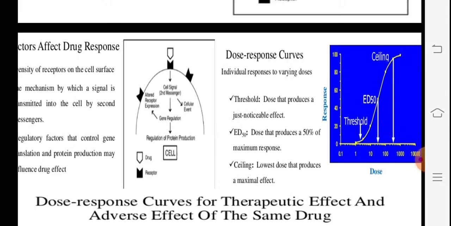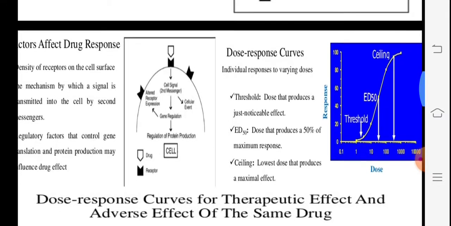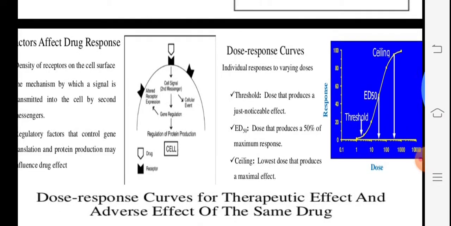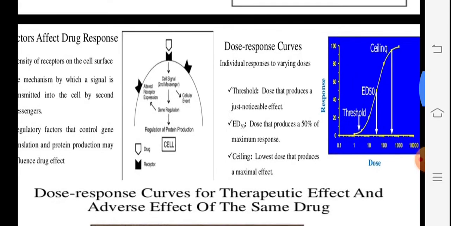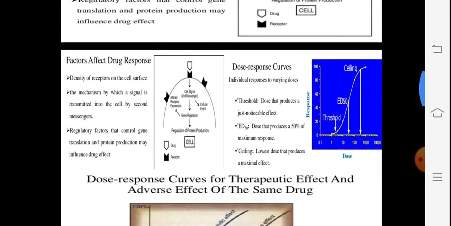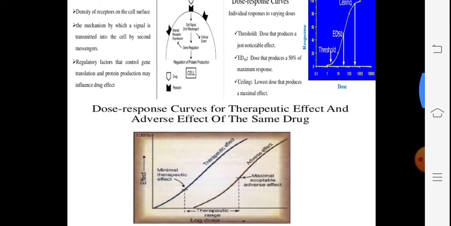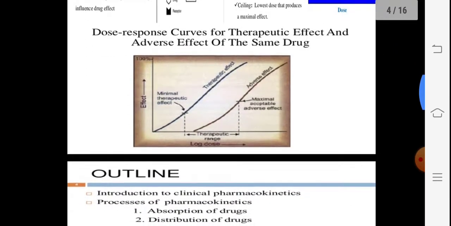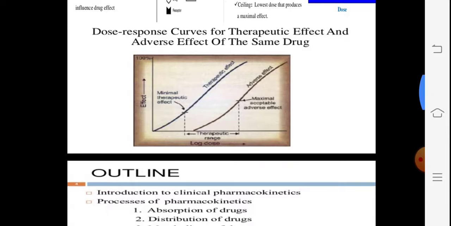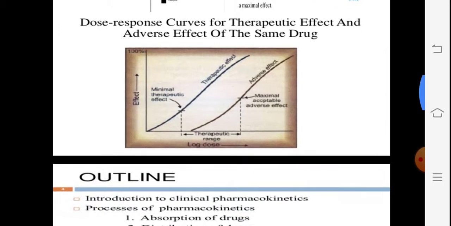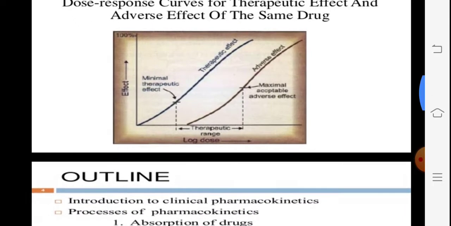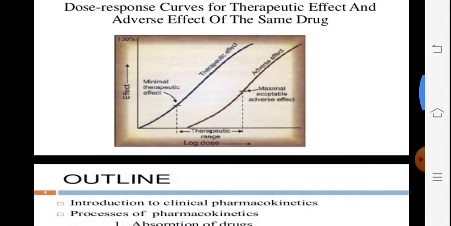ED50 produces a 50% response, and ceiling means the lowest dose that produces a maximum effect. So how much dose is there? Nowadays we know about corona, so the corona vaccine is a 5 ml dose, but it takes effect slowly on the body. So these are certain dose response curves.